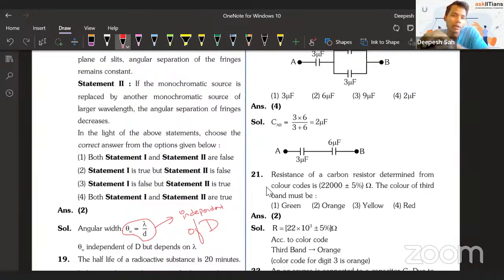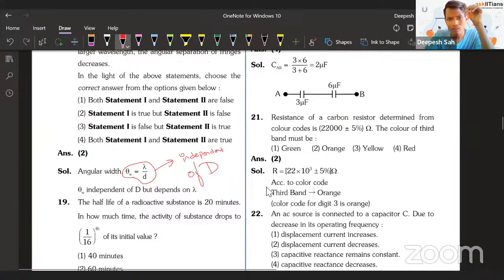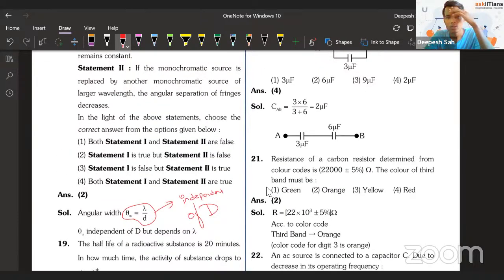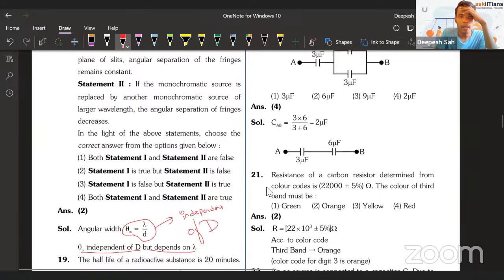When we talk about statement 2, if the monochromatic source is replaced by another monochromatic source of larger wavelength, the angular separation of the fringes increases. So let's keep it in mind: it is independent of D, but depends upon lambda.